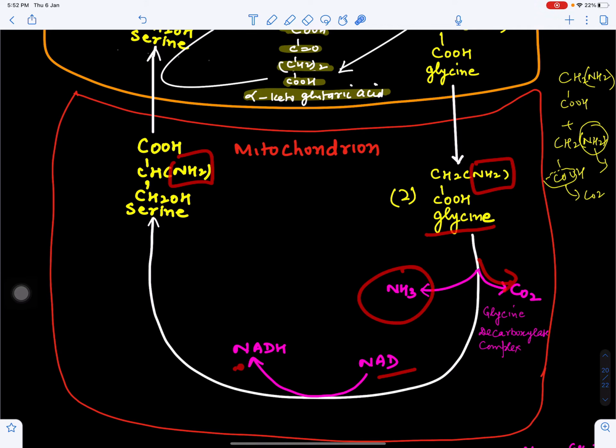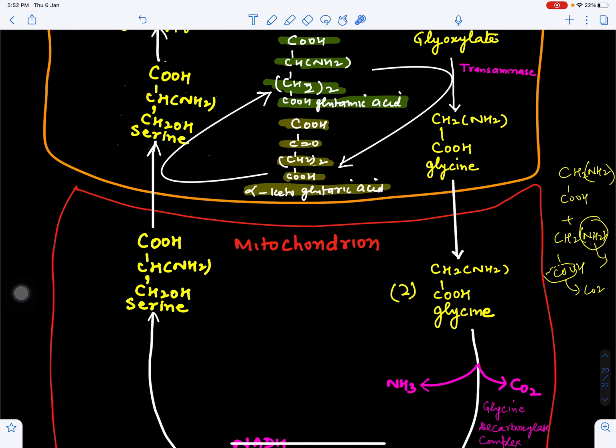NAD is getting converted to NADH2, and this will be converted to serine. Now when in mitochondria two molecules of glycine have been converted to serine with loss of carbon dioxide, like we define photorespiration, the intake of oxygen and release of carbon dioxide, we can see here there is loss of carbon dioxide.